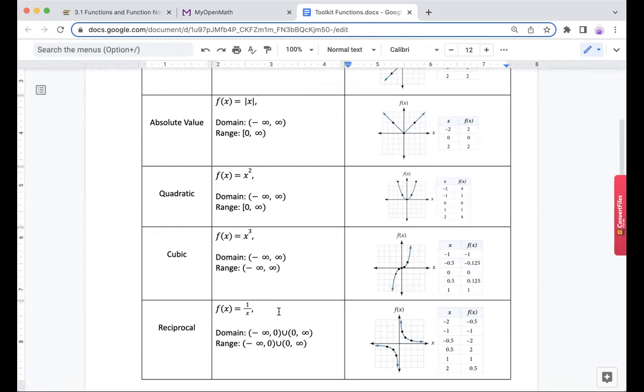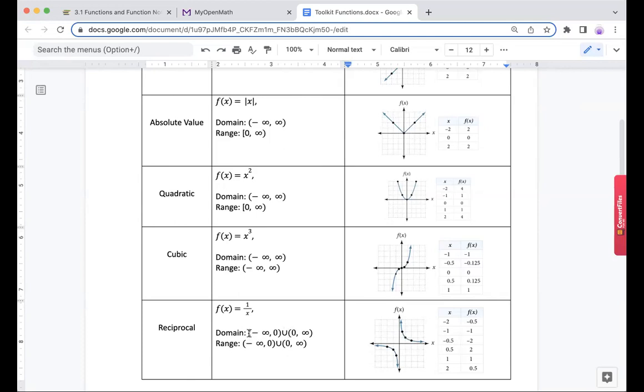But if you put in a number very close to 0, like let's say 0.1, 0.01 or 0.001, you see the value becomes very big. That's why you have this thing right here. But your answer never becomes 0. So therefore, for the domain, you're going to have everything except 0.